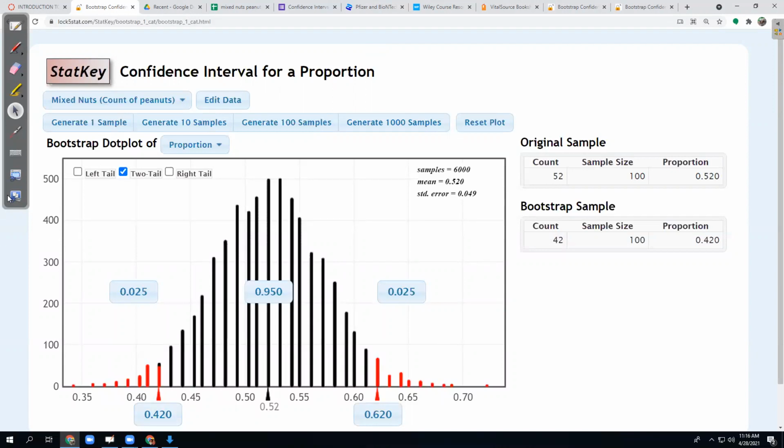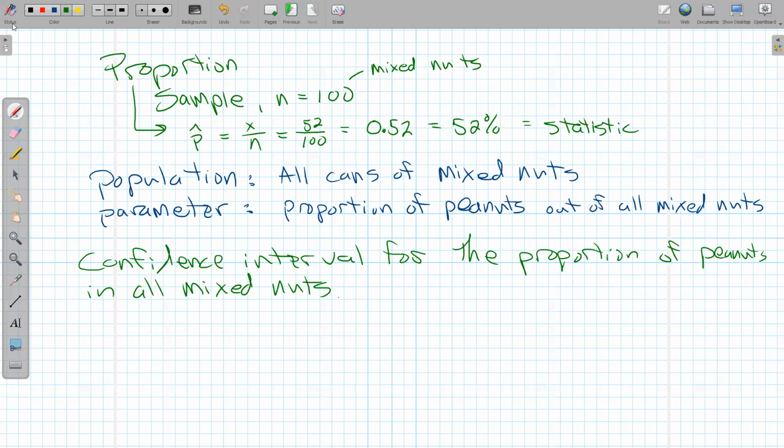So there's my confidence interval. Usually what I do is I sketch this on a piece of paper next, or I copy and paste it here. I'm going to go for the sketch thing. I think I can remember those numbers. All right, so I'm going to sketch my sampling distribution.